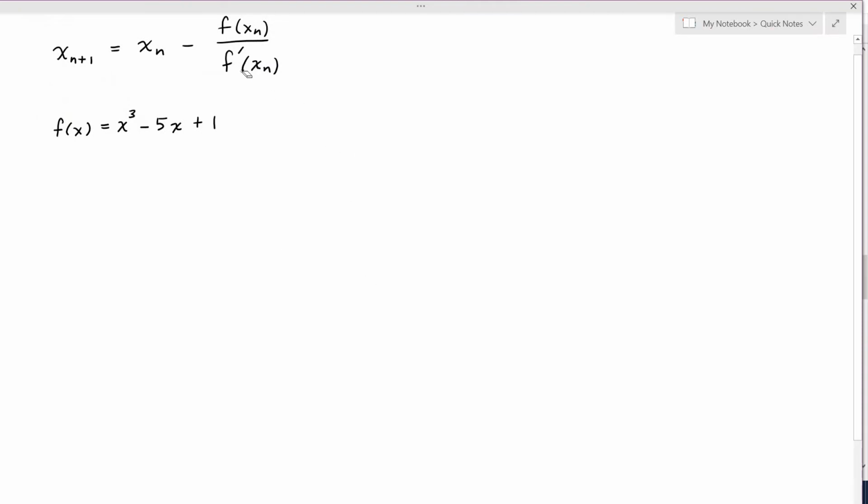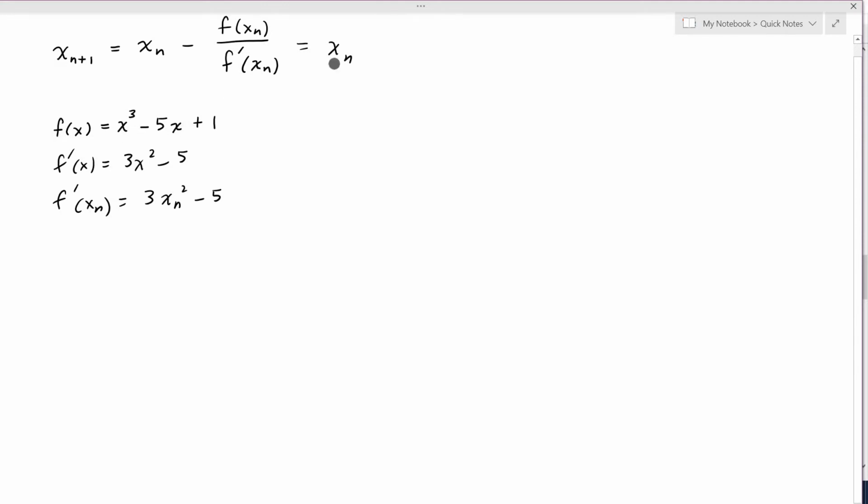Notice in this formula, we do need to find the derivative of this function, which gives us 3x squared minus 5. Then we evaluate that at x sub n, which just gives us 3x sub n squared minus 5. So we have x sub n minus f evaluated at x sub n, which means we just plug in x sub n for both of these x's.